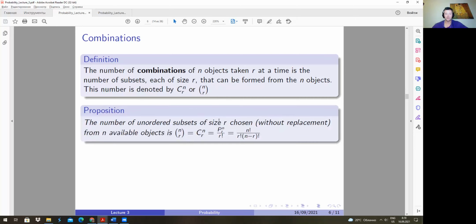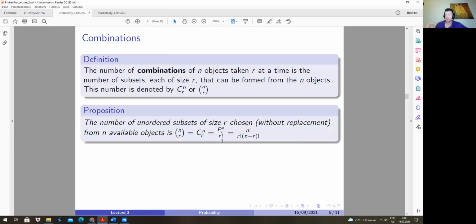So how do we calculate that? It looks similar to permutations, and basically it is the way we calculate permutations, but we need to reduce the number of elements by the number of repetitions, by r factorial.